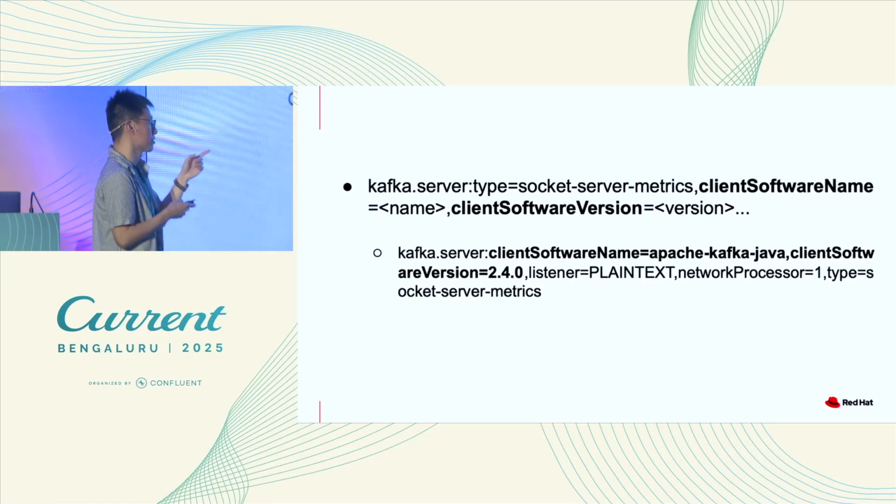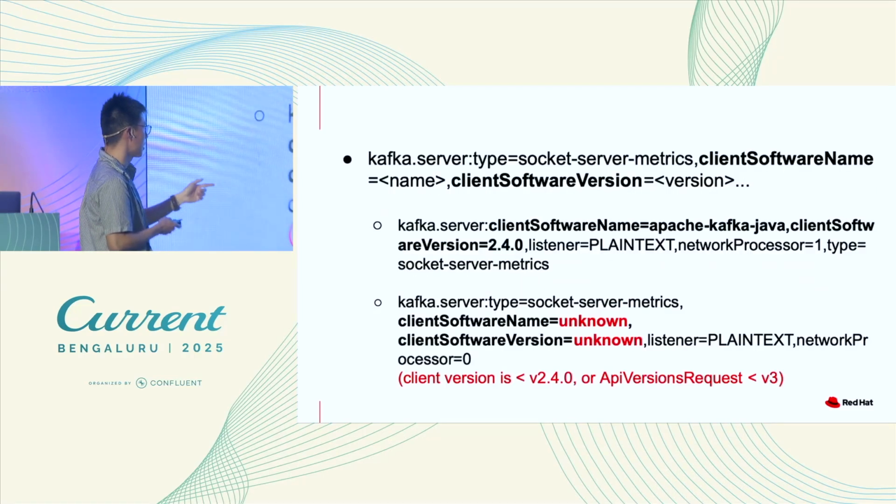So for example, if users are using Java client 2.0, you will get this metric on the broker side. But like I said, it's fortunate, but unfortunately, it is only supported starting from 2.0. That means if a client is using, let's say 2.2, you will get unknown and unknown from the broker side.